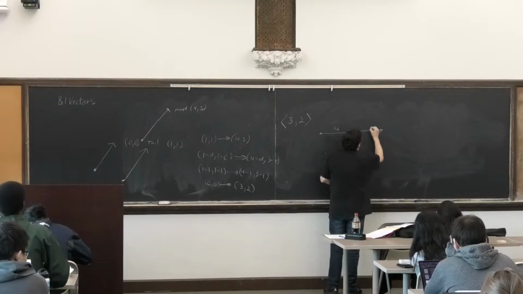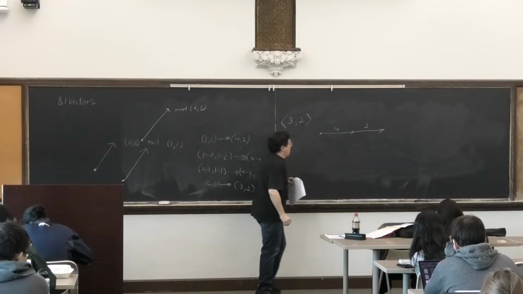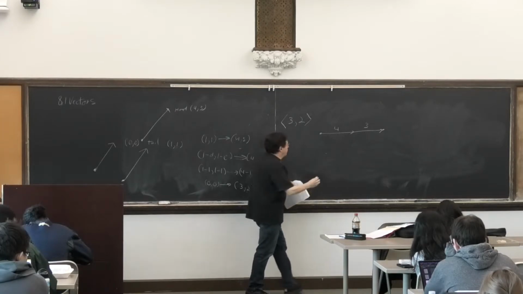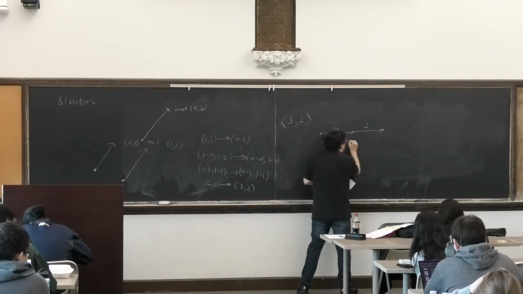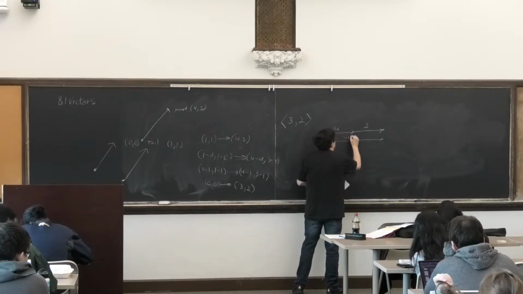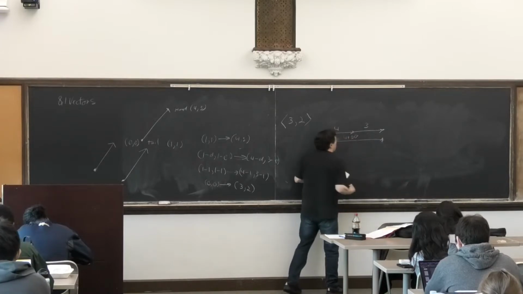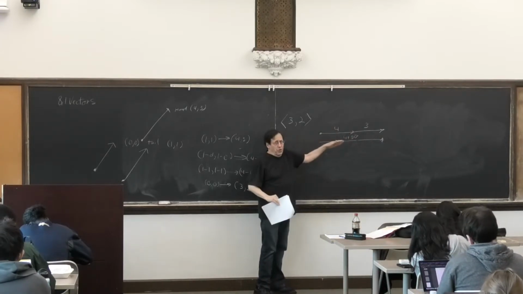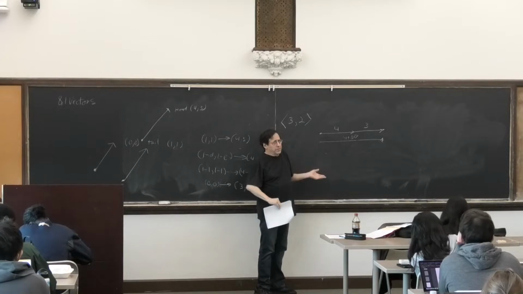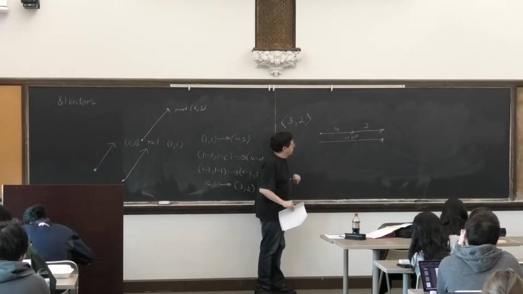And I move in the same direction by 3. Obviously, my new vector is now 4 plus 3, or 7. So if two vectors are going in the same direction, you can add them by just adding their magnitudes.